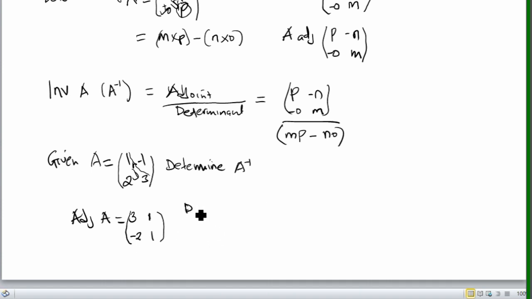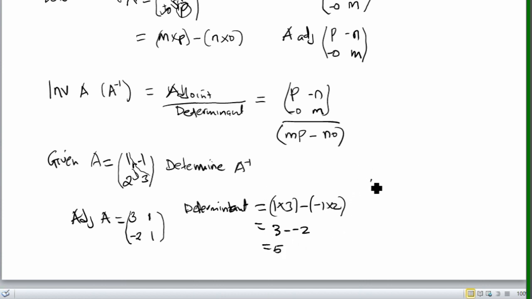Now, how about the determinant? The determinant becomes 1 times 3, minus -1 times 2, just like we did in the previous example. This is the same as 3 minus -2, which is 5.